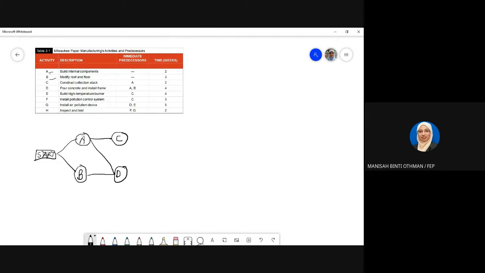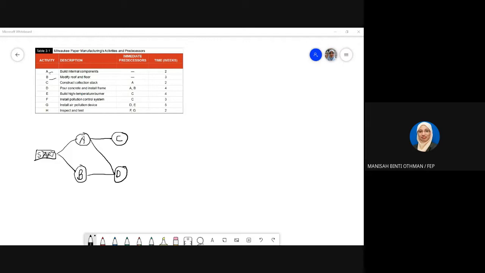So E and F will start only when C is complete.